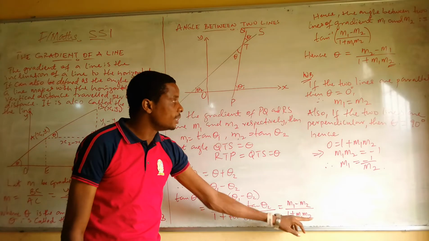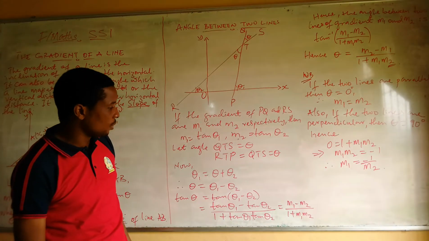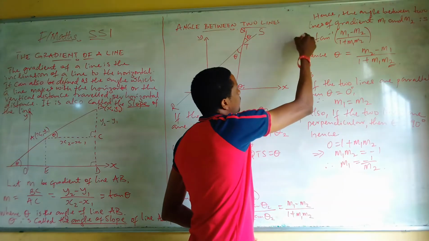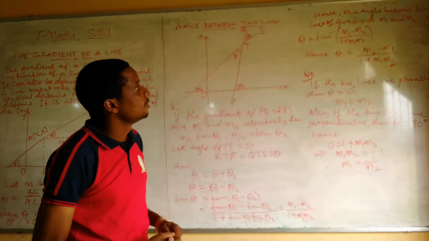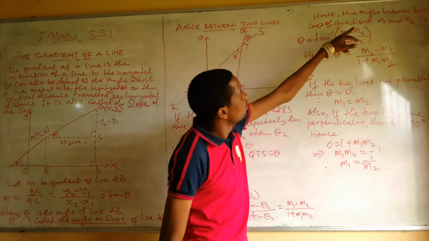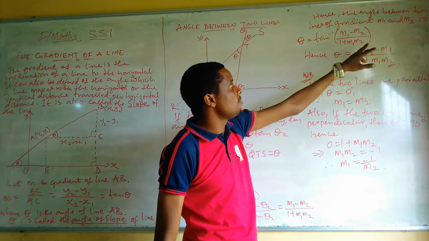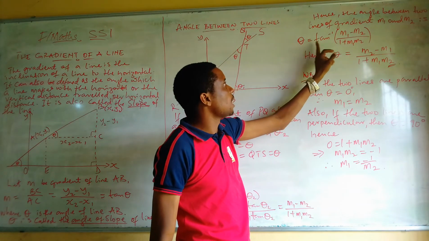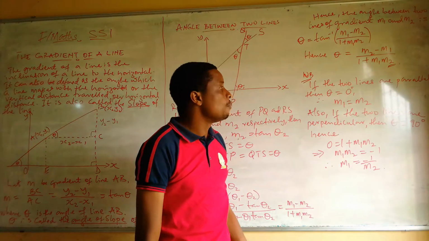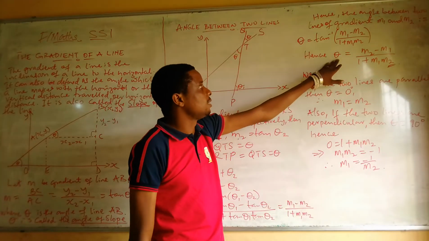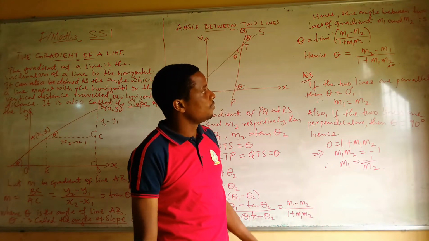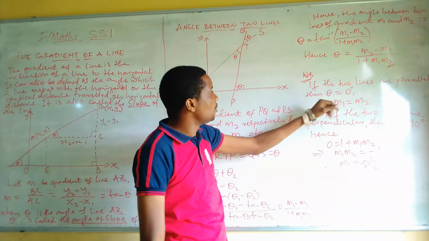So that is going to give us the angle between the two lines. So our theta will be equal to arctan of that, which now gives us the angle between the two lines of gradient M1 and M2: theta is equal to arctan of M1 minus M2 divided by 1 plus M1 M2.